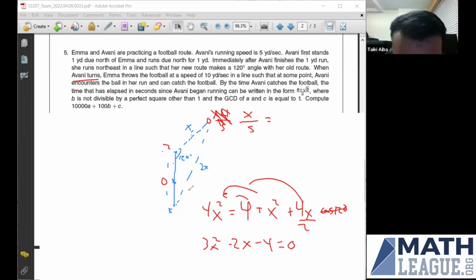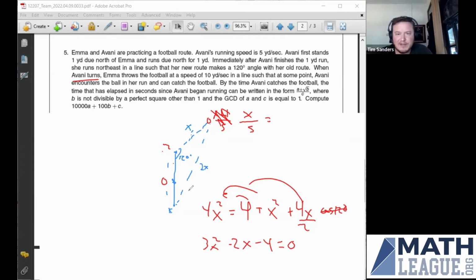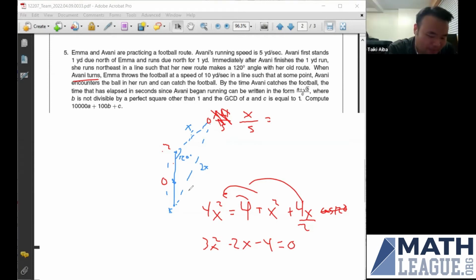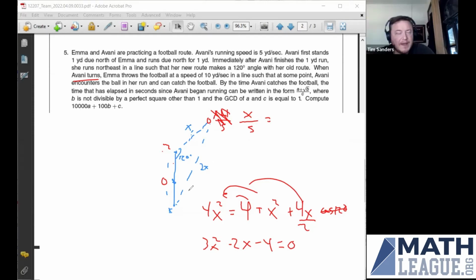It's still integer coefficients and everything, so it shouldn't be too hard. We just work this out then. So what do we get? x is negative b plus or minus, we assume plus because otherwise it's probably going to end up being a negative distance, square root of b squared, which is 4, minus a negative 4 times 3 times 4.